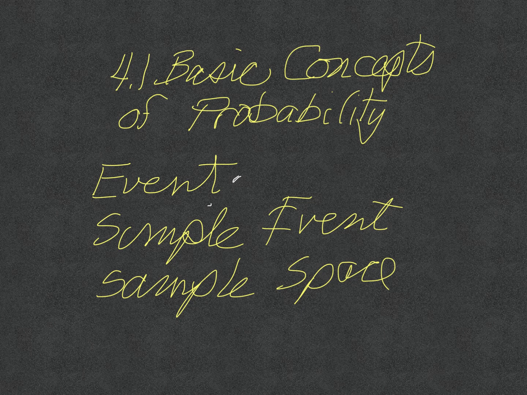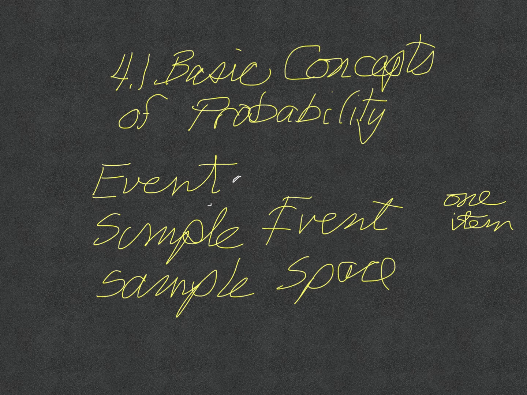So a simple event is usually one item. That would be one cholesterol result because you can't break it down to half a cholesterol report. Or it would be one baby that's either a boy or a girl. It's a simple event. And then the sample space is the collection of all those simple events.